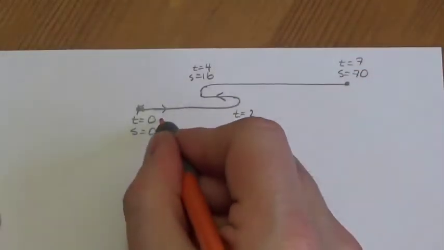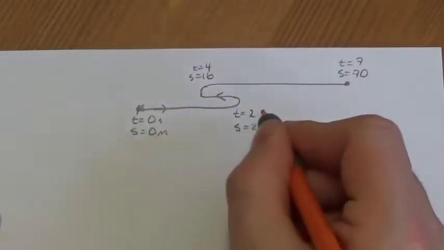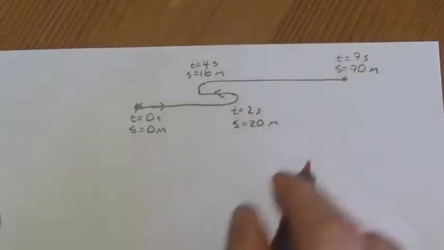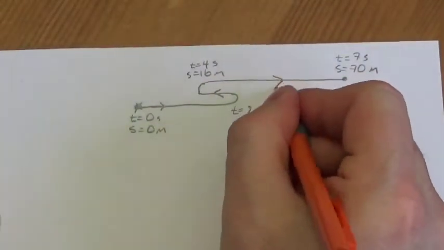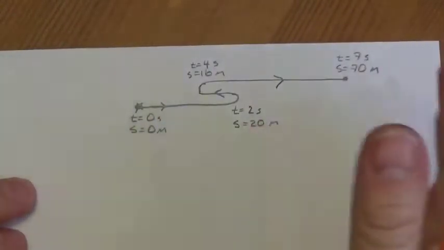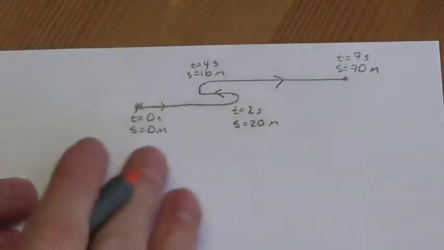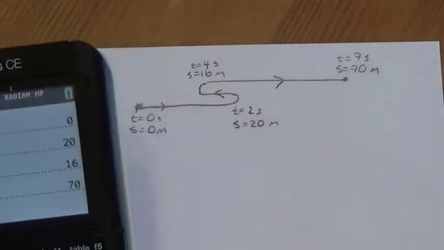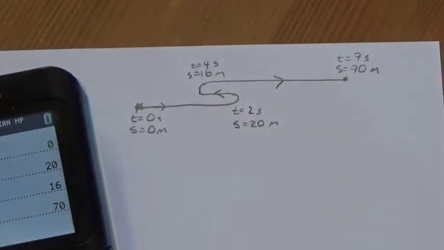And I probably should have units here: seconds, meters. Okay, and the particle is moving to the right. And again, I knew that because I knew from 4 seconds on that it was moving in the positive direction, so to the right.